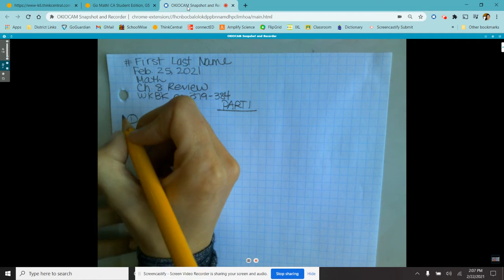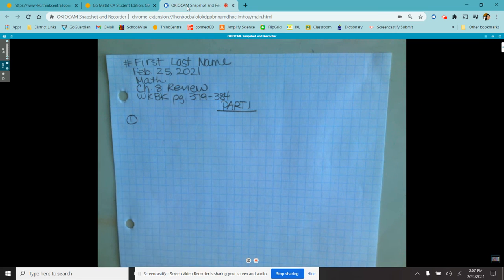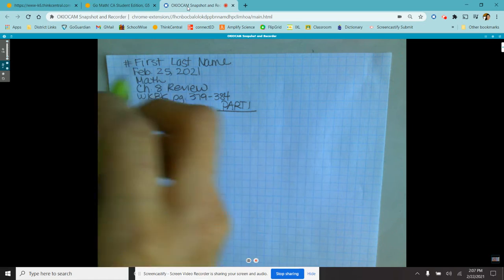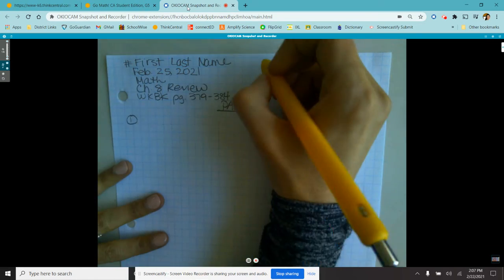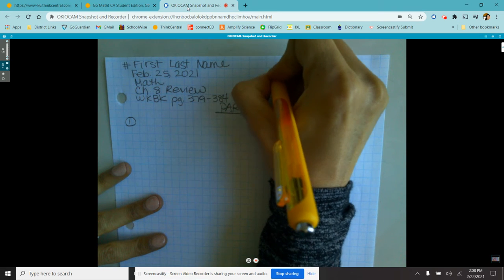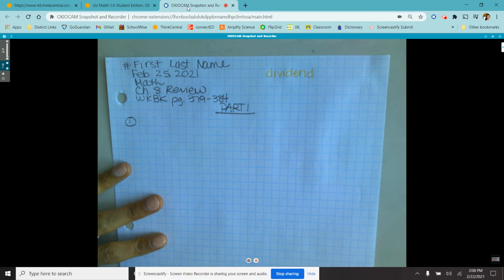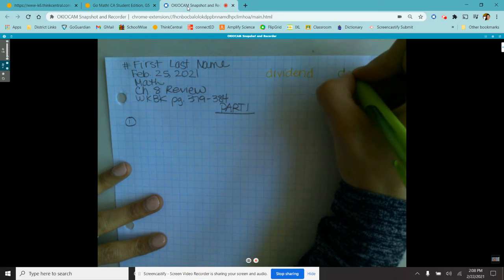Start with number 1. The builder has, and before I forget, similar to the mid-chapter checkpoint, if you remember, we wrote a few things out. I like to write the notes on the top to remind myself when I'm doing my problems. I have my dividend. I have my divisor.